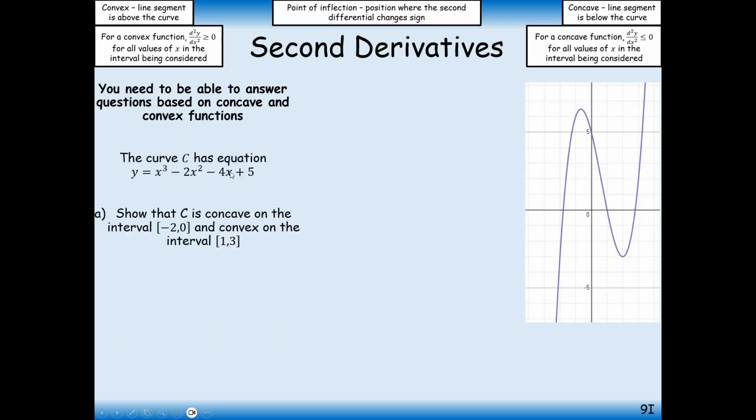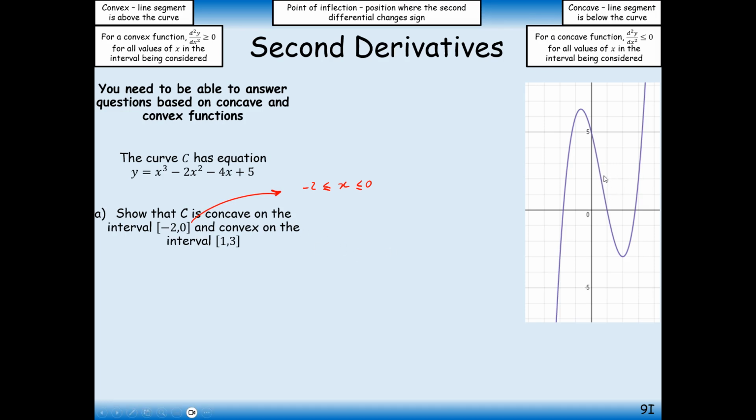In this example, we are asked to show that the graph is concave in the interval from -2 to 0, including those values. Square brackets mean that -2 is included and 0 is included. That means the equality sign applies. And it's convex on the interval from 1 to 3.